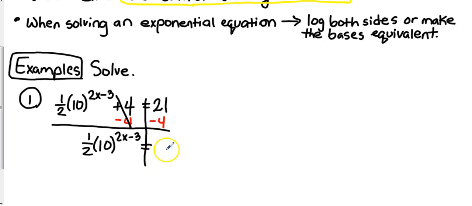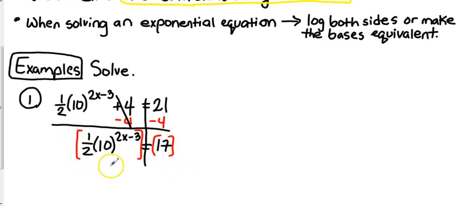If, by the way, you don't have your calculator out yet, please get it out because I want you to do the math first before I do it. So mental math though, 21 minus 4 is 17. Our power term is not completely by itself yet because we have this 1/2 out front. So I can address that by doing what? What will I do to both sides to get rid of that 1/2 using my algebra skills?